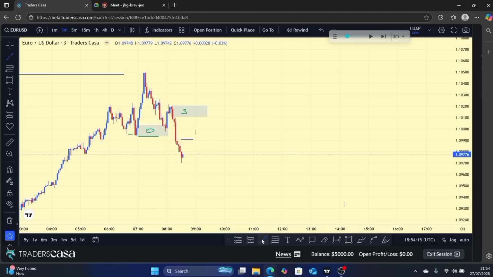So let me use this so that you can clearly see that this is mitigated, coming onto this mitigated, this mitigated, and we are only left with this, of which it was demand to supply. That's a flip zone, right?